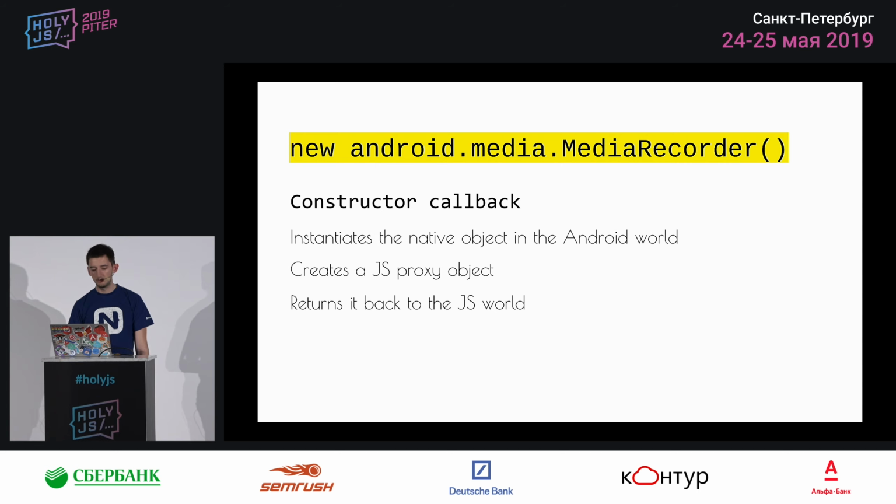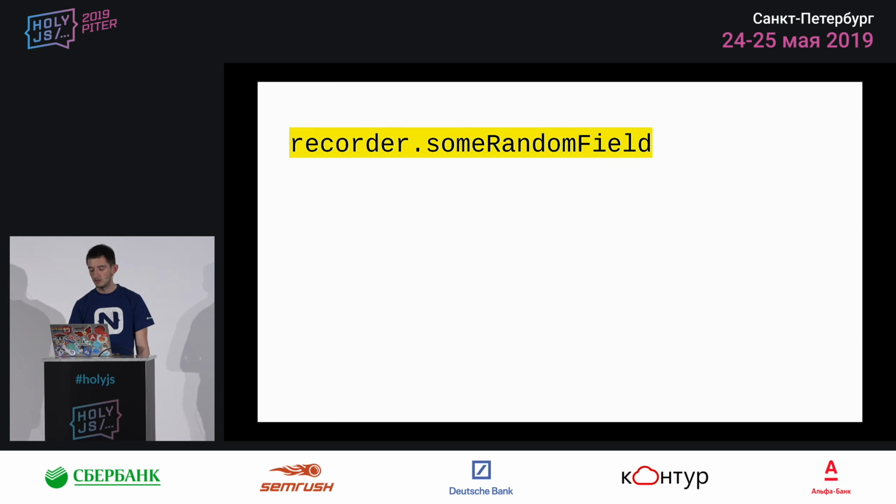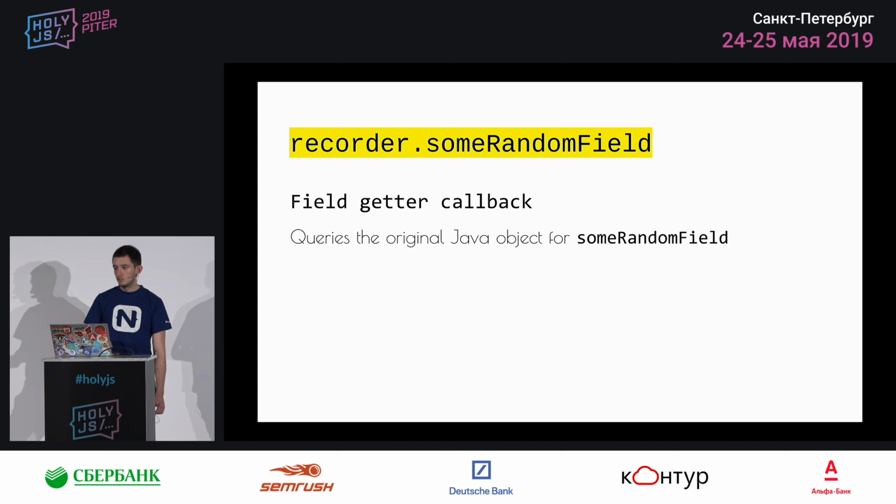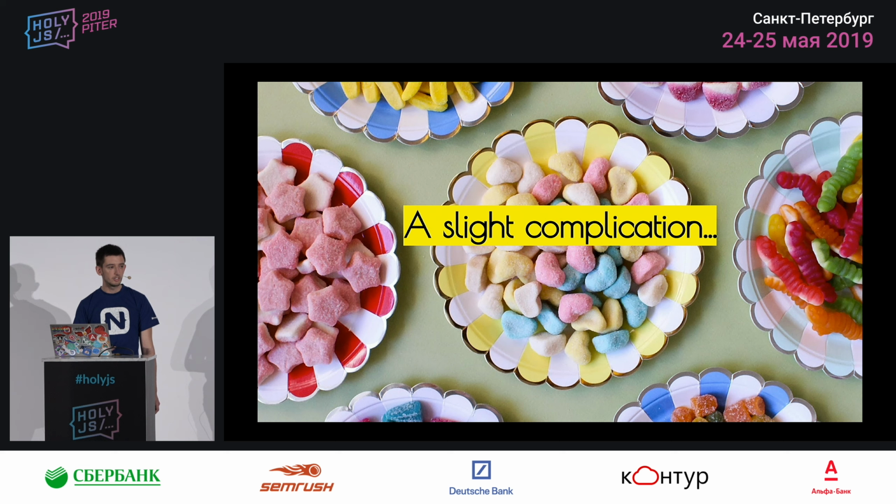We return that to V8, and for example, if we access some random field, a field getter callback is triggered. The NativeScript runtime queries the original Java object, finds some random field property, but what should it return?